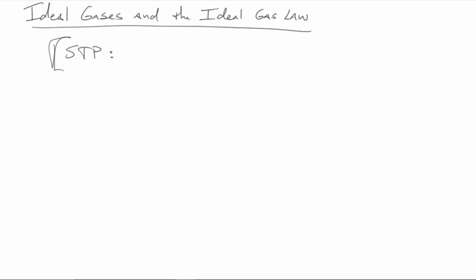Before I forget, I want to define the values of STP. The values we will be working with are 1 atm of pressure and 273 Kelvin. This is my standard pressure and this is my standard temperature. As long as I'm at those two conditions, my gases will behave as ideal.